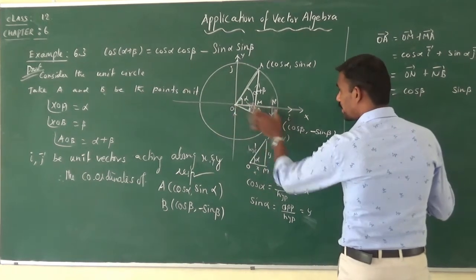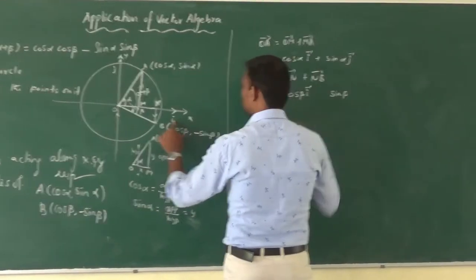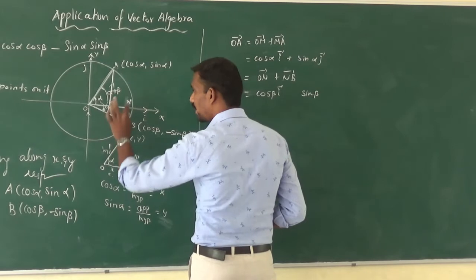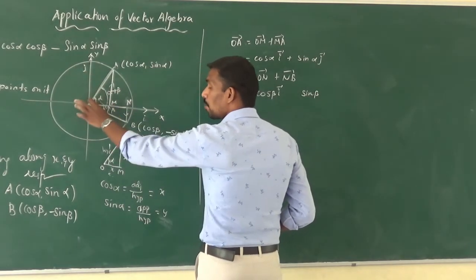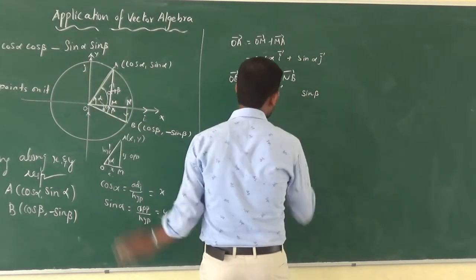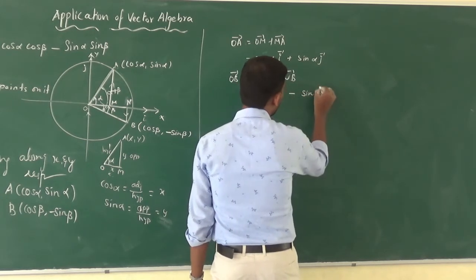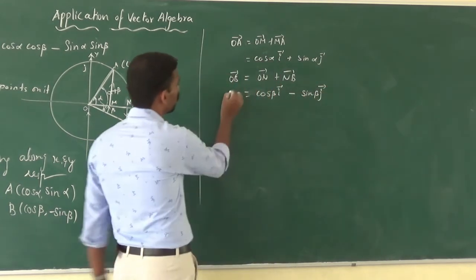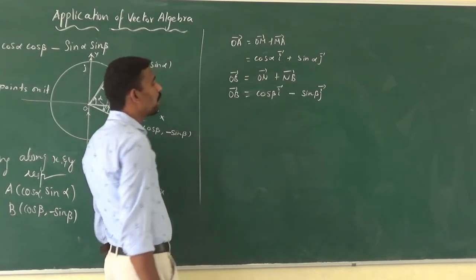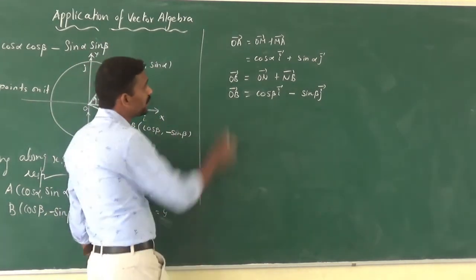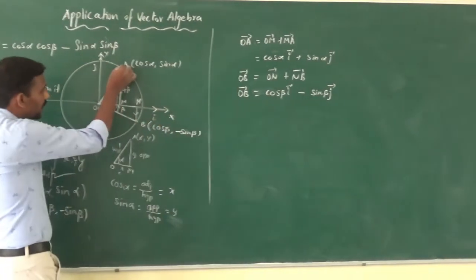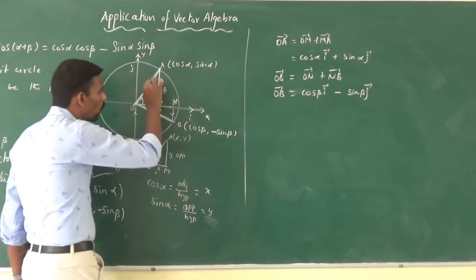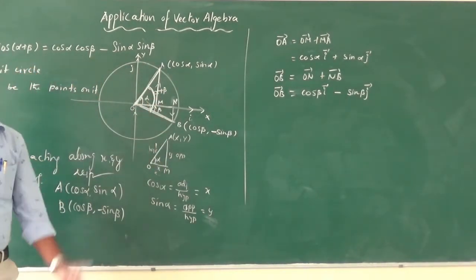But the horizontal acting vector is the i vector, and the vertical acting vector is the j vector, but this direction should be reversed, hence you get minus here: sin beta j vector. This is the OB vector. Now we have to find the angle between these two vectors. The angle lies between OA and OB, so the overall angle should be alpha plus beta.